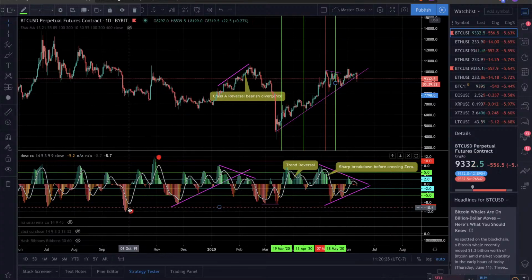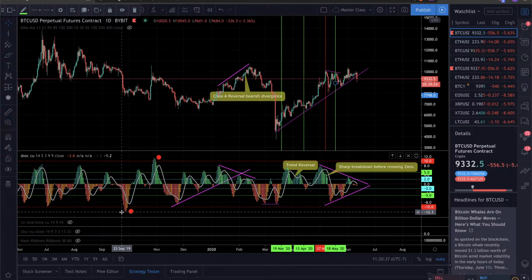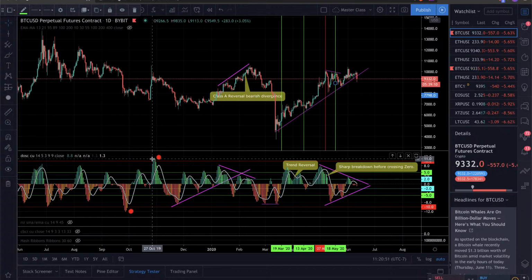A great example: the momentum went into negative 10 territory, let's see, what is that, negative 12. We can expect the next move, or not exactly, it doesn't always happen immediately after, it can happen a couple of waves later, but we can expect the momentum to shift and have an equal reaction back into the positive.